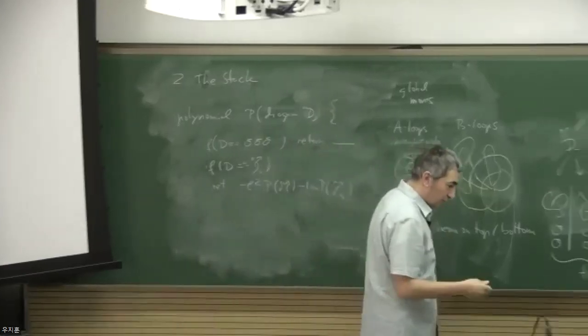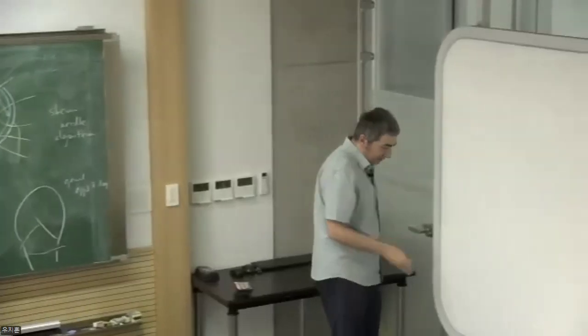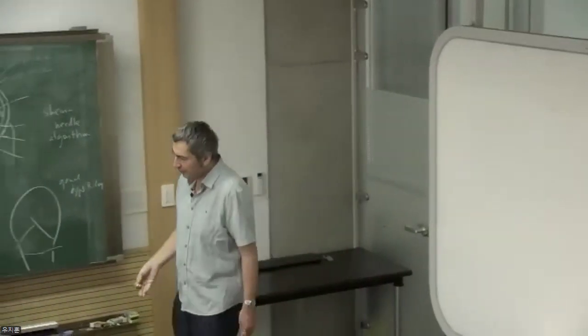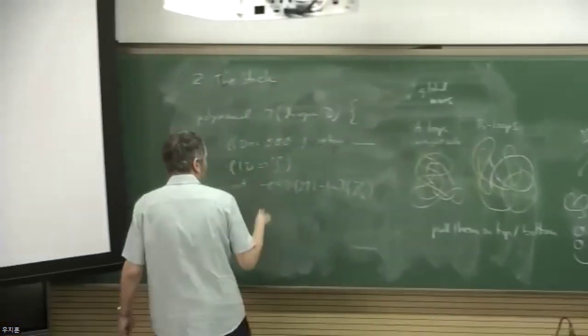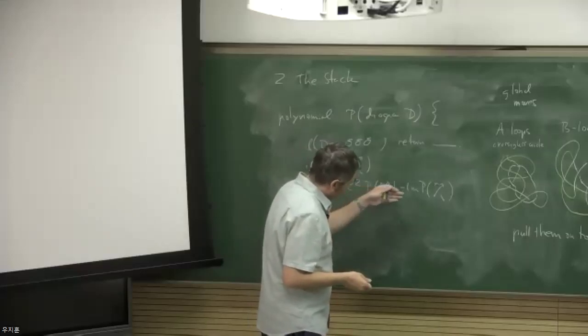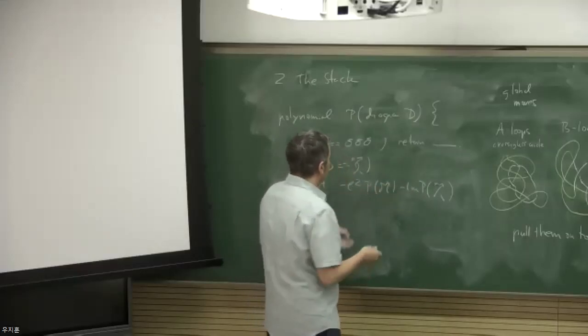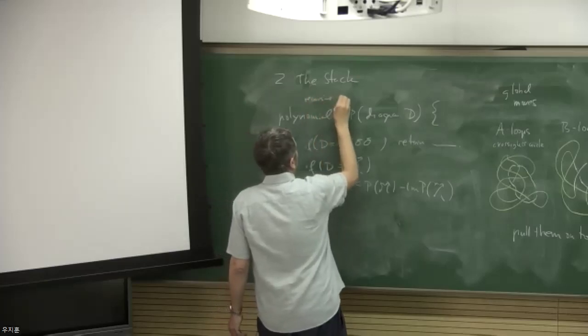Okay. So you design a procedure which returns the polynomial of a diagram, and if you apply the skein relation in an appropriate way, then you can relate it to these two polynomials, and then you call the procedure recursively. So this is a recursive call.